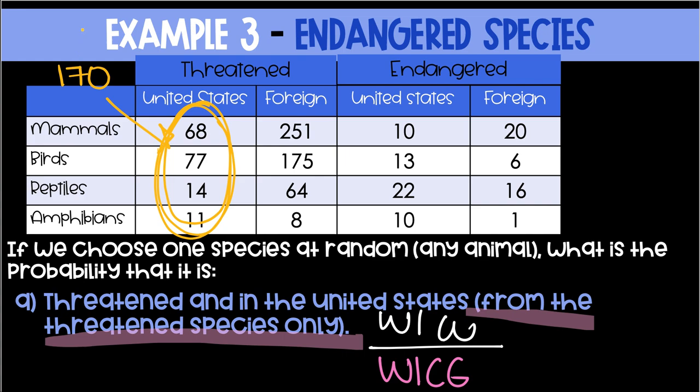Out of any of the threatened species, if I add all of these, 68 plus 251 plus 77 and so on all the way plus 8, I get 668 threatened species. What I want, what I can get, 170 out of the 668 gives me 25.45%.